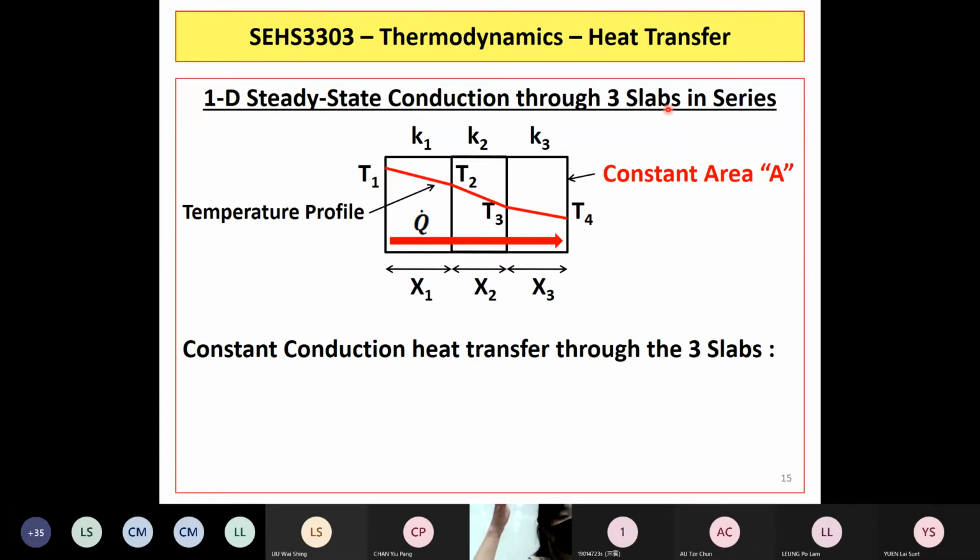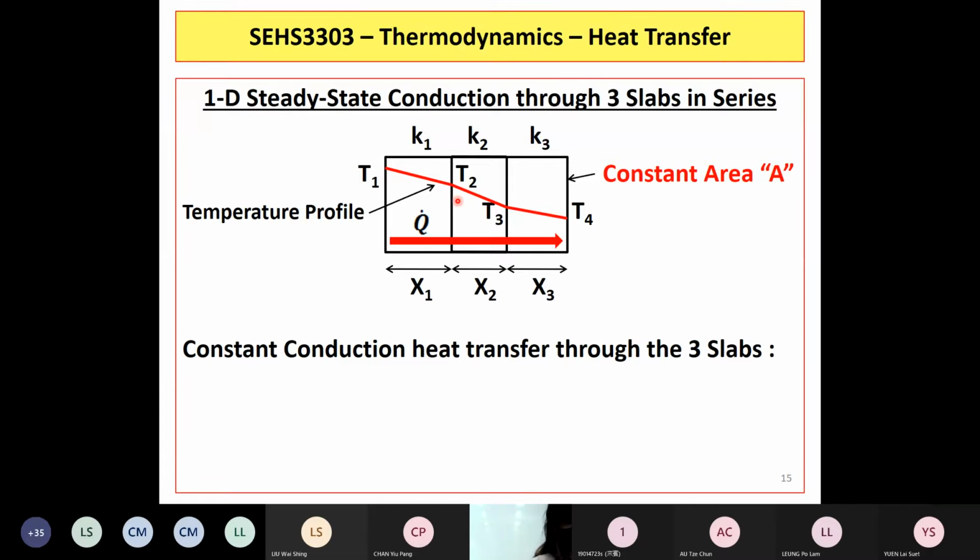This slab is made of 3 different materials, so we have 3 different conductivities, K1, K2, and K3. Here we assume we have a constant area, and we have 3 different thicknesses or X displacements.